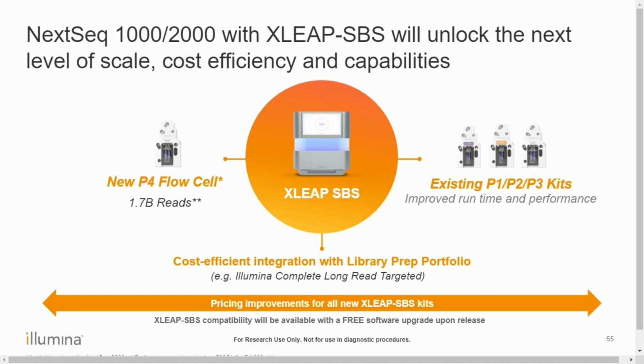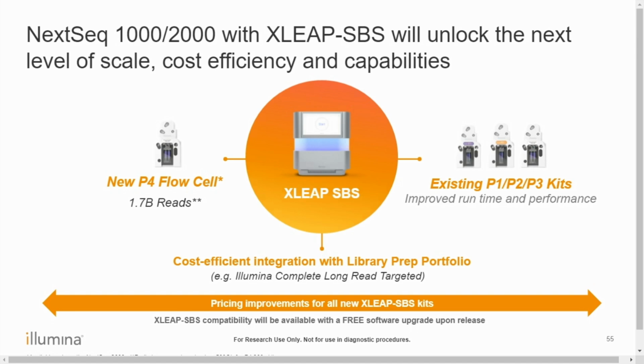After this, the next wave of updates will revamp the existing configurations from P1 to P3, lowering pricing for each kit and delivering improved runtime and performance. The new XLEAP SBS kits will also enable cost-efficient integration with our future library prep portfolio, notably our Illumina Complete Long Read targeted kits coming later this year.